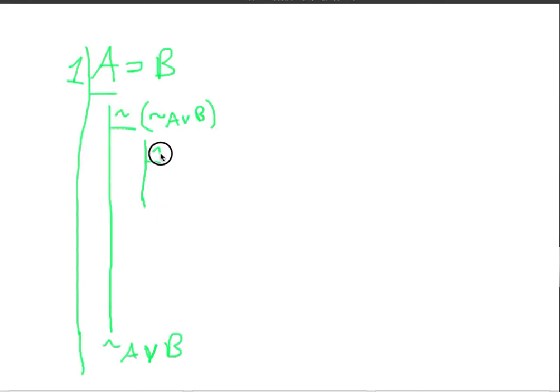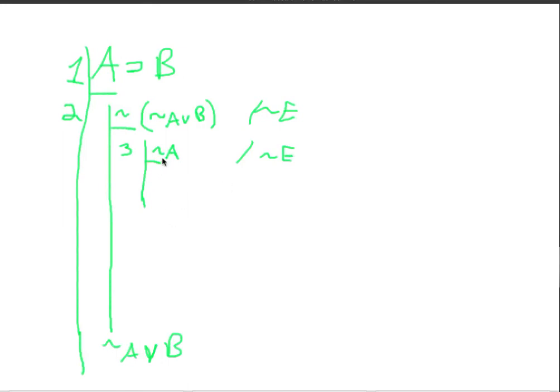If I assume not A, then I can use disjunction introduction to get B. So I can make this assumption. Just make sure this is lined. So this was assumed for the purposes of negation elimination. And this we're assuming for the purposes of also negation elimination.